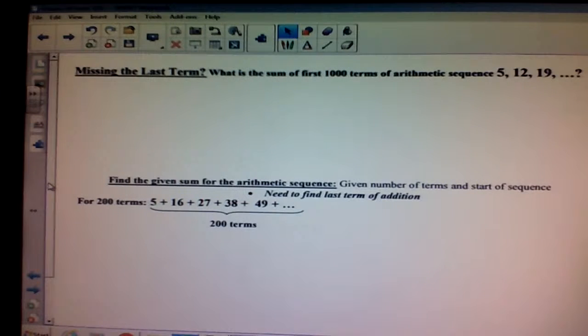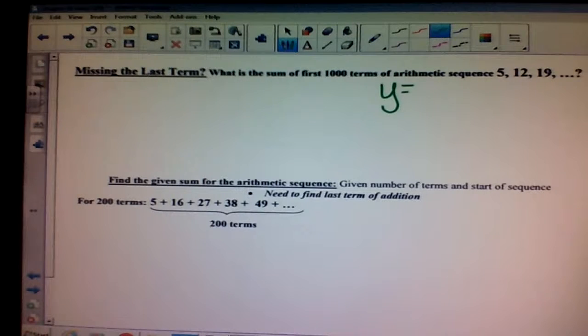Okay, so we need to talk about 2 more things. The first thing: what do I do if they don't give me my last term, if they don't tell me that my sequence is going to end here? You use the slope and the first term.